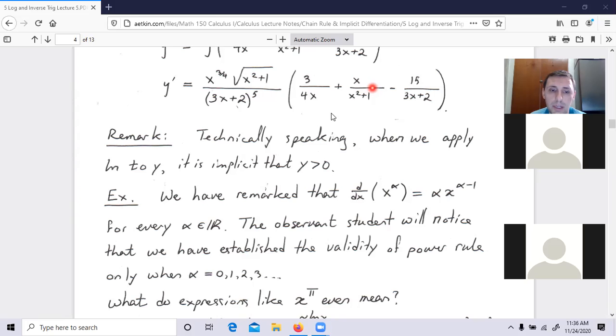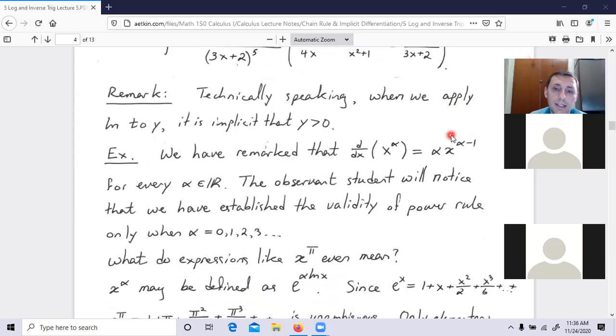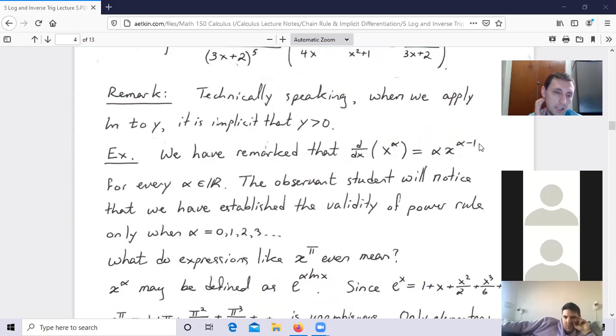That's technically speaking. And there is another example. Let's say the derivative of x to the alpha is alpha x to the alpha minus 1. And again, you might remember this rule, but we only proved it for integers and maybe for 1 over 2, 1 over 3, 1 over 4, right? So you see when you can prove it.